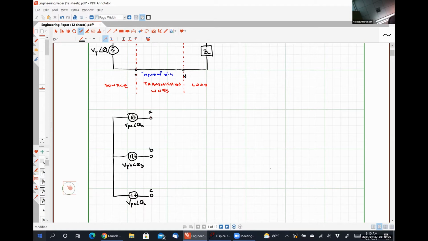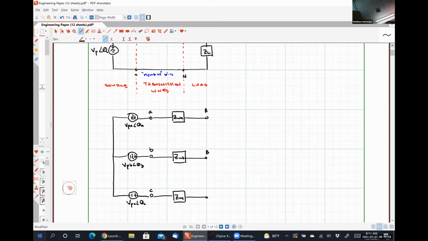So this would be our source connection. I don't know if you can see that, so let me redraw it, but that's supposed to say ZWA, the impedance of the transmission line for the A phase. ZWB. ZWC.